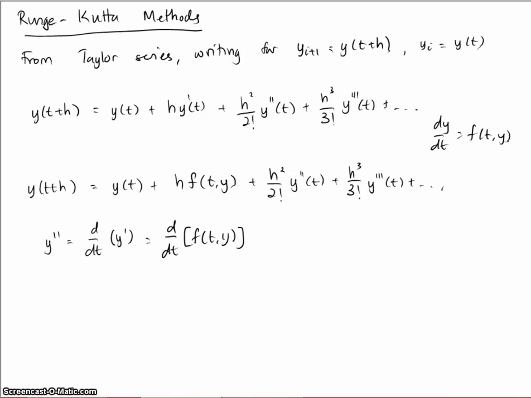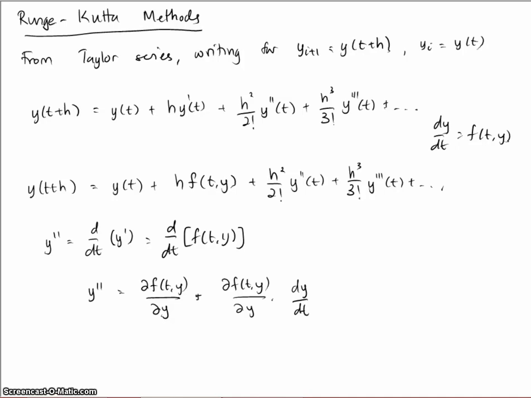Okay, so now f here is a function of t and y, and you're taking a time derivative of your function f. So using the chain rule, I will have y double prime written as the partial derivative of f with respect to t, and you add it to the partial derivative of f with respect to y, times the ordinary derivative dy/dt.